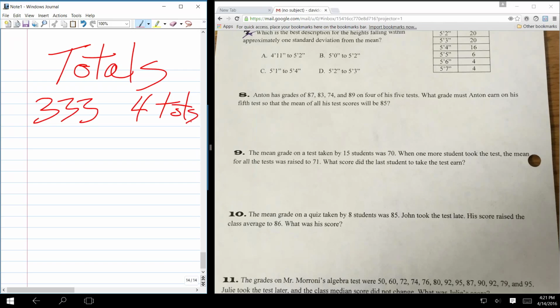What grade must he get on a 5th test? It's a very, very common problem for somebody like yourself who's trying to raise your average grade. And what if I'm going to average 85 on 5 tests?